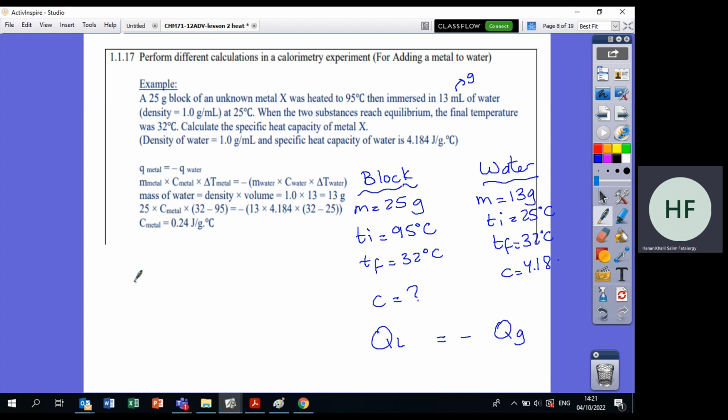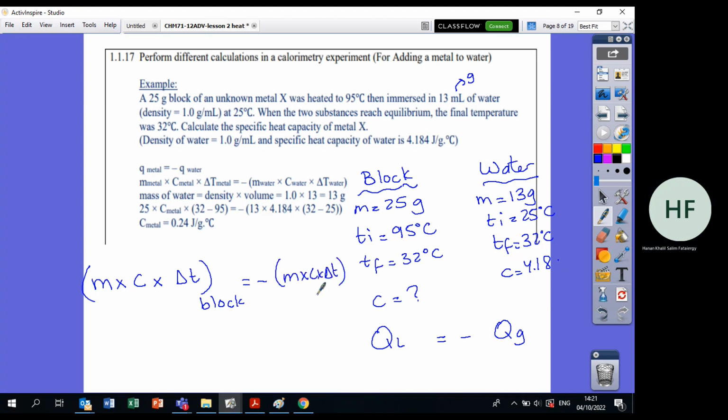So I will say here for the block, M times C times delta T, all this is for the block, is equal to minus M times C times delta T, and all this is for water. Now let's put the values: 25 times C times delta T, 32 minus 95, this is 63.